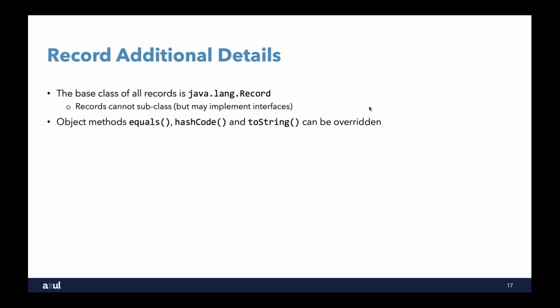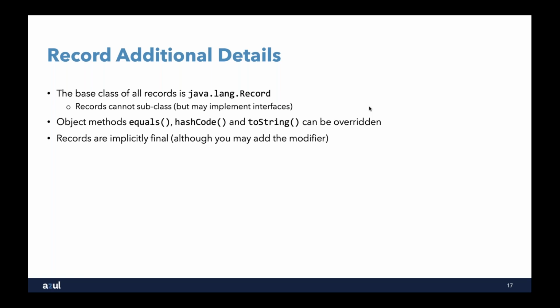Again, because it is a class, if we wanted to, we can override the standard methods in Object, equals, hashCode, and toString, and provide our own implementations of those if we want to. If we don't want to, we can just leave the compiler to generate this for us, but if we need specific versions of those, we can do that by overriding them.